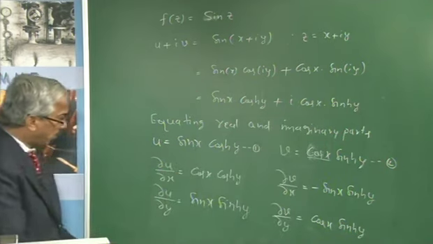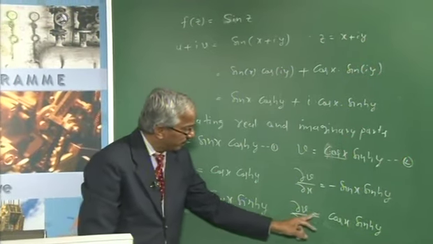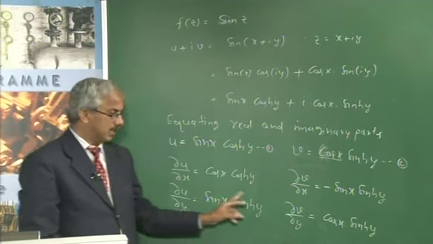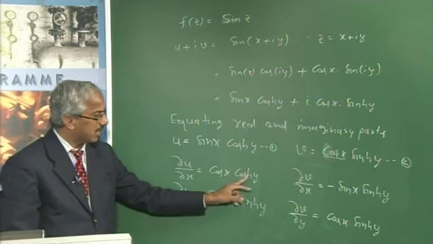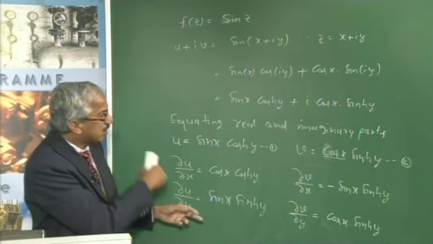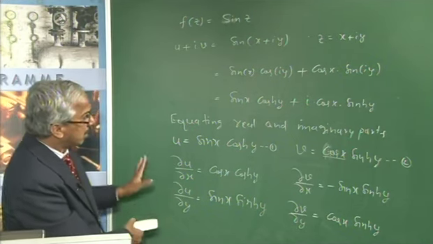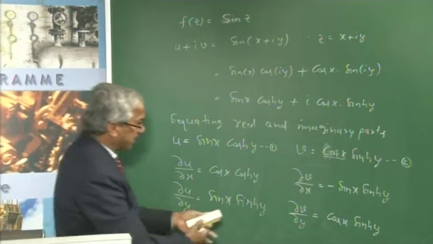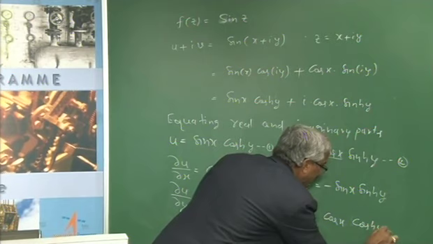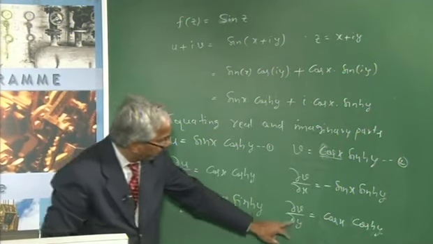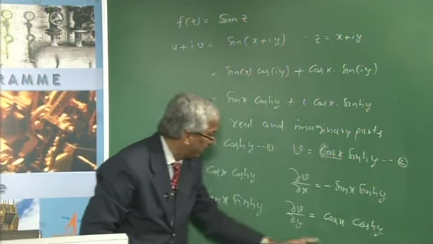From these four relations, dou u by dou x is equal to cos x cosh y, which is equal to dou v by dou y. To clarify once again, dou u by dou x is cos x cosh y. For dou v by dou y, cos x is constant, and differentiating sinh y gives cosh y.